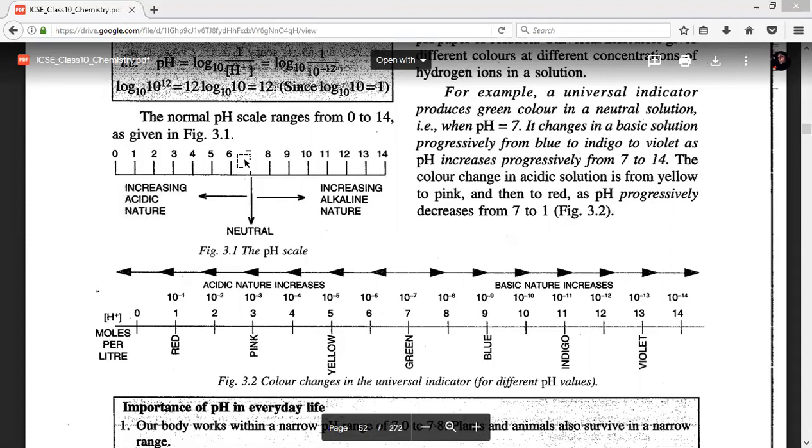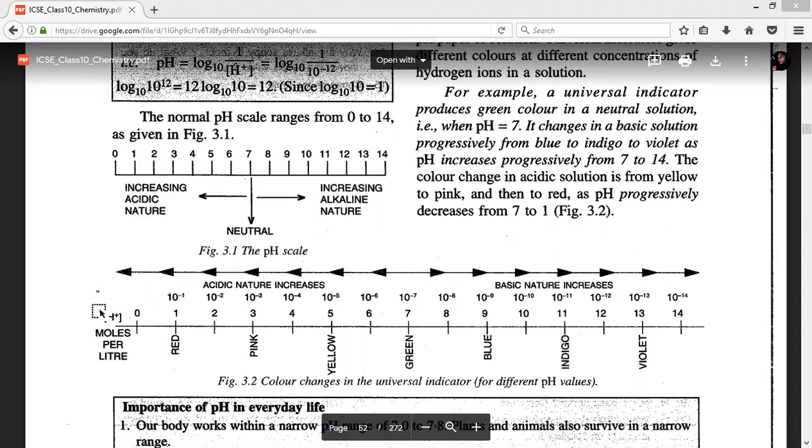And when we move from 7 to 14, the basicity will increase. These are two concepts. While increasing the value on the pH scale, the alkaline nature will increase, and with decreasing value, the acidic nature increases.